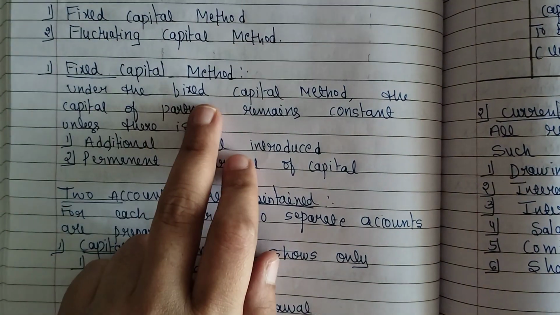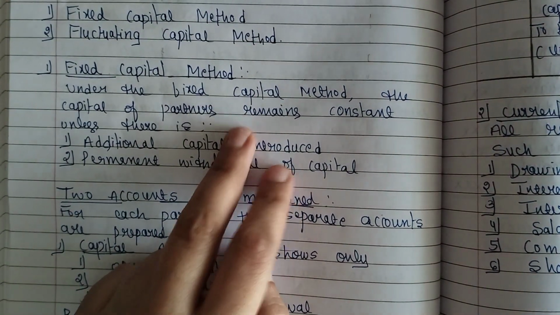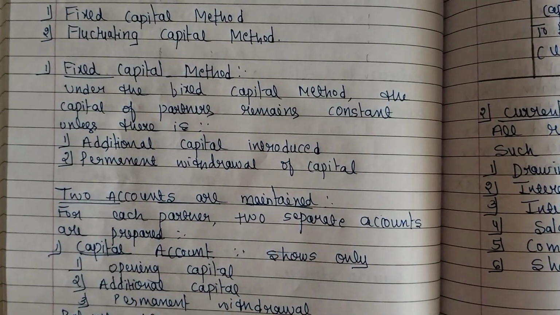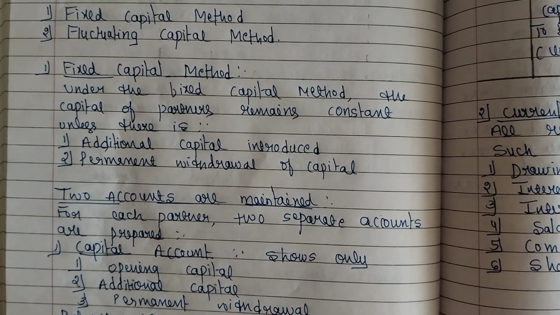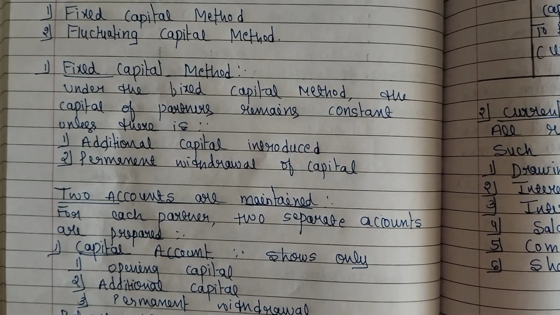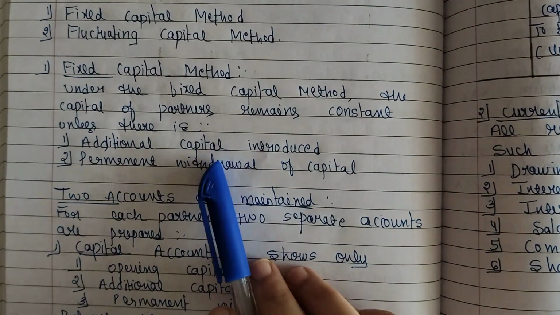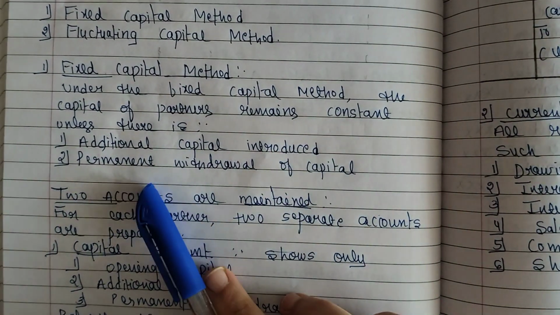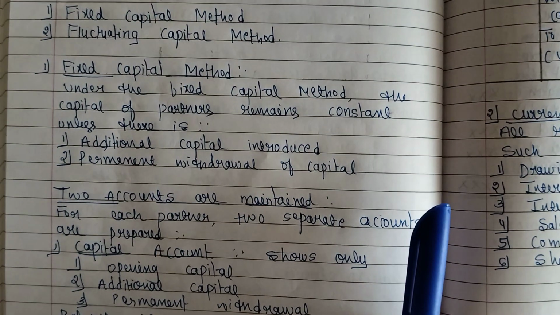See, under this fixed capital method, the capital of partners remains constant. Clear? So unless there is additional capital introduced and permanent withdrawal of capital.